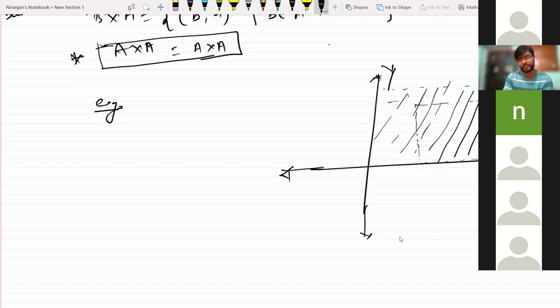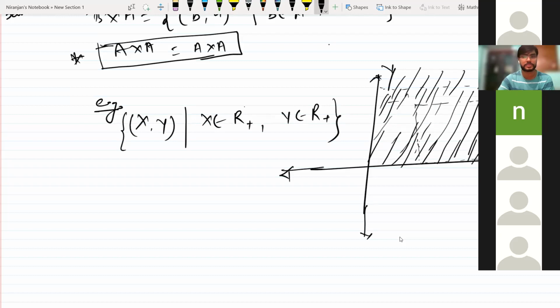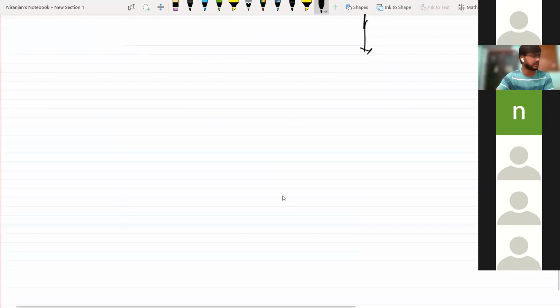Then how do you denote this in Cartesian product? We denote this as (x, y) such that x belongs to R plus, y belongs to R plus, right? So this is one way to use it.